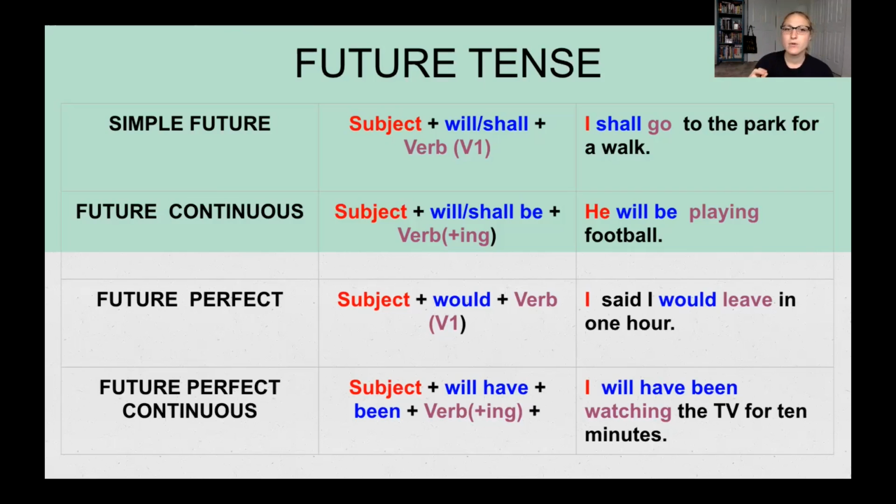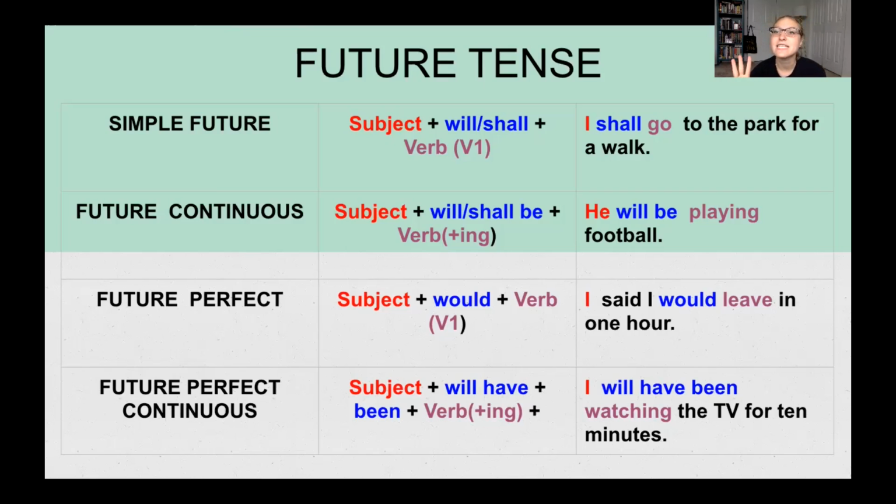Okay? Now what I want us to move on into is future perfect. So let's go down to that third spot in the first column, and then across, future perfect, we have subject plus would plus a verb. There's no ending. So I said I would leave in 1 hour.